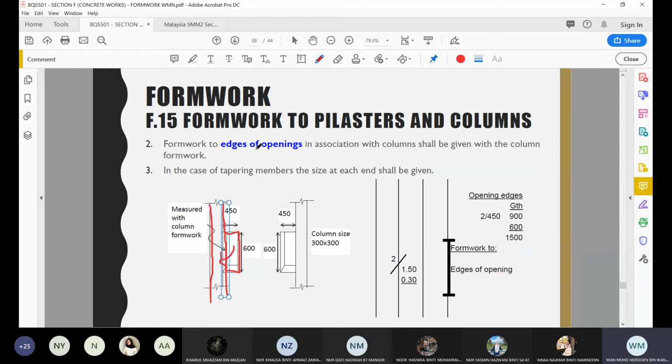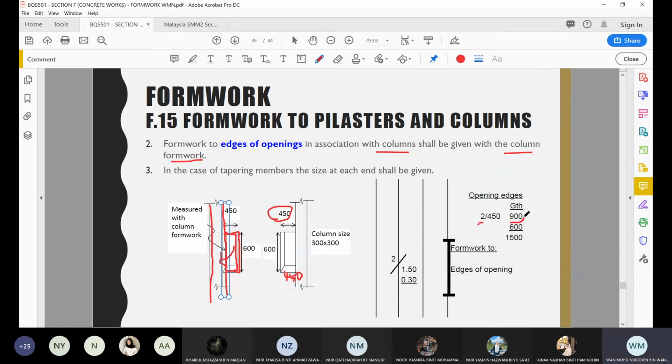Jadi sini formwork to edges of opening, kita akan buat opening kat sini. Okay. In association with column shall be given with the column formwork. Perlu dikira semasa kita kira column formwork. Dia kat sini opening. Contoh dia bagi page 450 bawah.